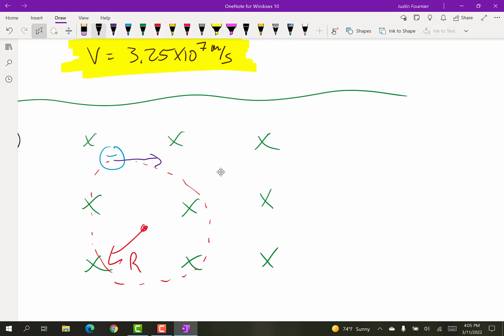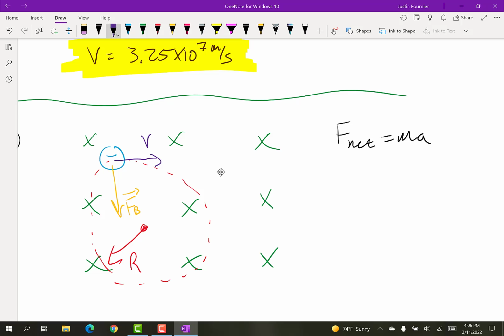Let's try that first. We're trying to find out the acceleration. So the net force is really just going to be the magnetic force. That's what's causing the centripetal acceleration here.